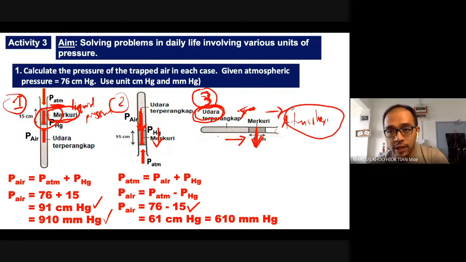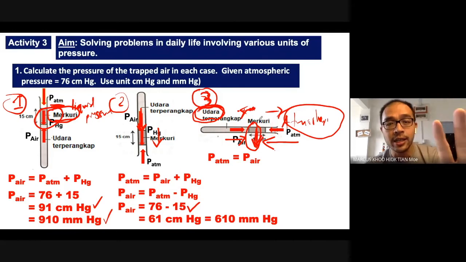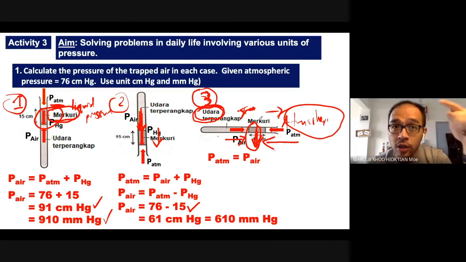Atmospheric pressure, since this is the hole, is always going to go to the left. And since our friend mercury is stuck in the middle, the mercury actually has totally no contribution to this matter. So in this case, we say that the air pressure equals the atmospheric pressure. Take a look at case 1, case 2, and case 3. Three different cases that require you to think logically how to form the equation.